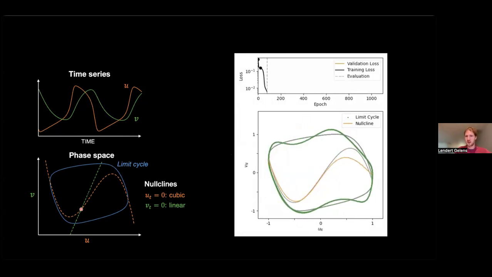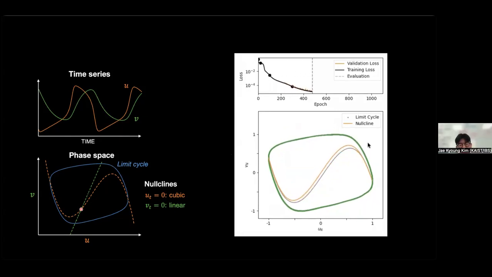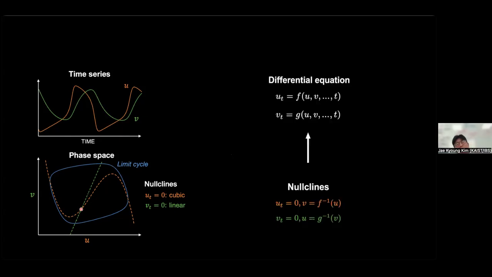So here's how it learns both the limit cycle and the null lines. I think that's quite useful because you now get a clean curve that describes the different null lines, and they're sampled densely across the phase space. And fitting an equation to this type of curve is a much simpler problem than fitting equations to noisy time series.